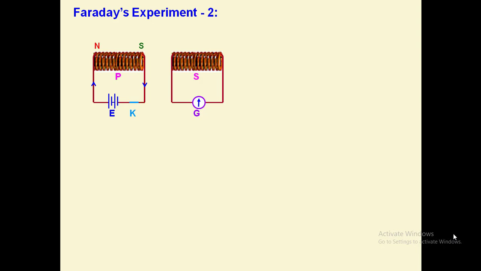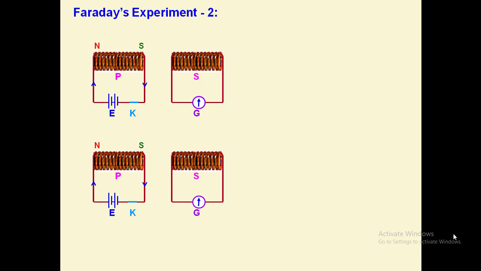Whenever it develops a magnetic field around it, you can see that there is some deflection in the galvanometer. But once the current is completely constant, there is no deflection in the galvanometer. But when you open the key, again you can find some deflection in the galvanometer on the right hand side.